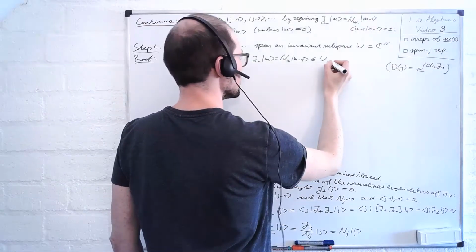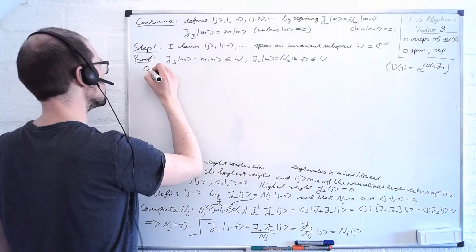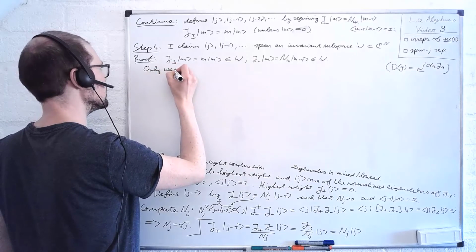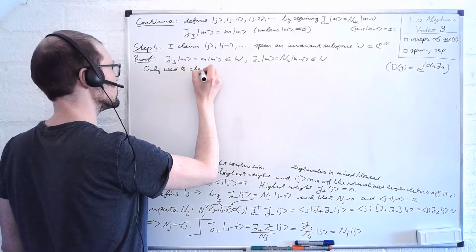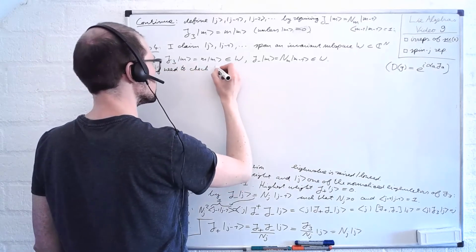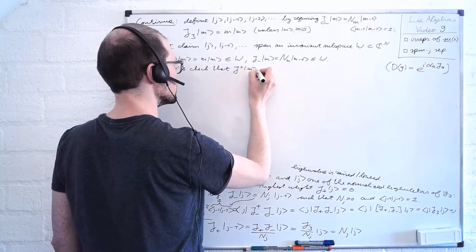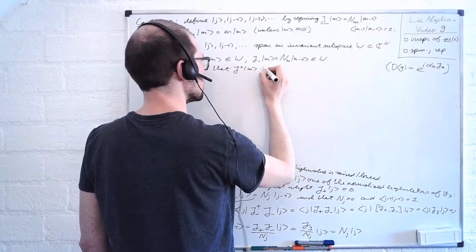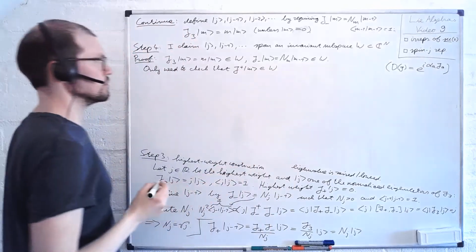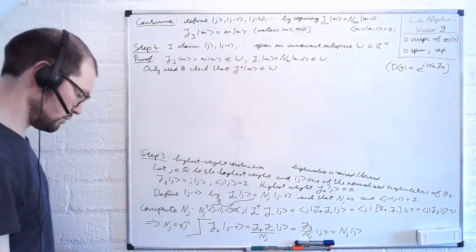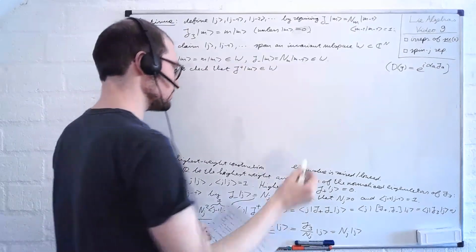So we only need to check that J plus acting on m is in W. So let's just do that.